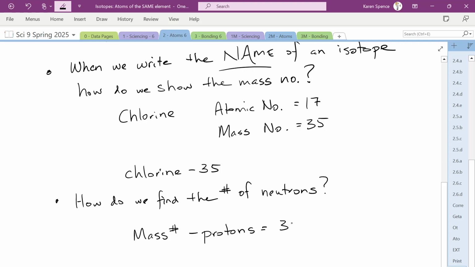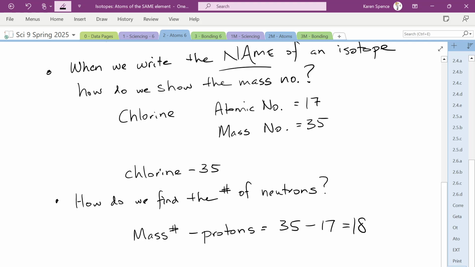So that's 35 minus 17, which is 30 minus 10 is 20, minus 5 is 15, minus 2 is 13. No, I've done my math wrong. I'm going to do it on a calculator. 18. So we have 18 neutrons.